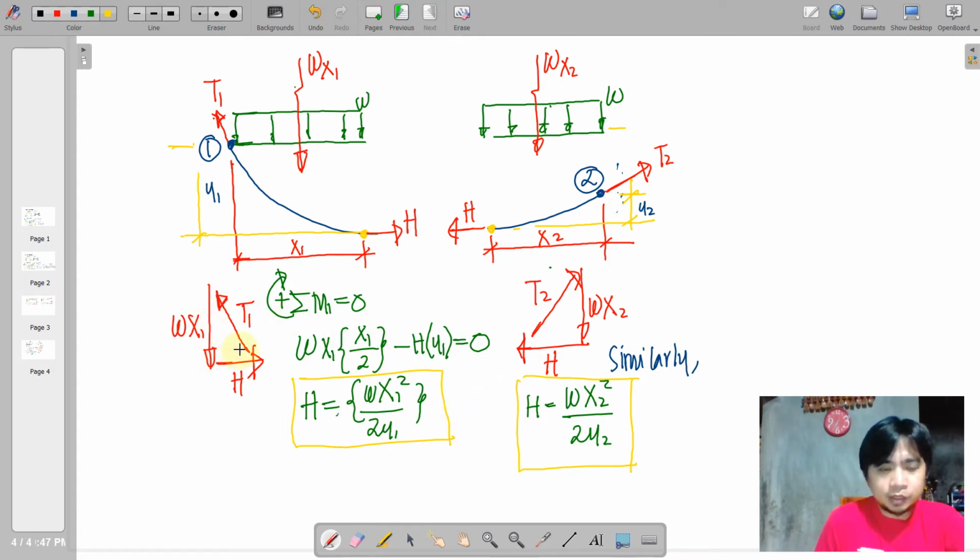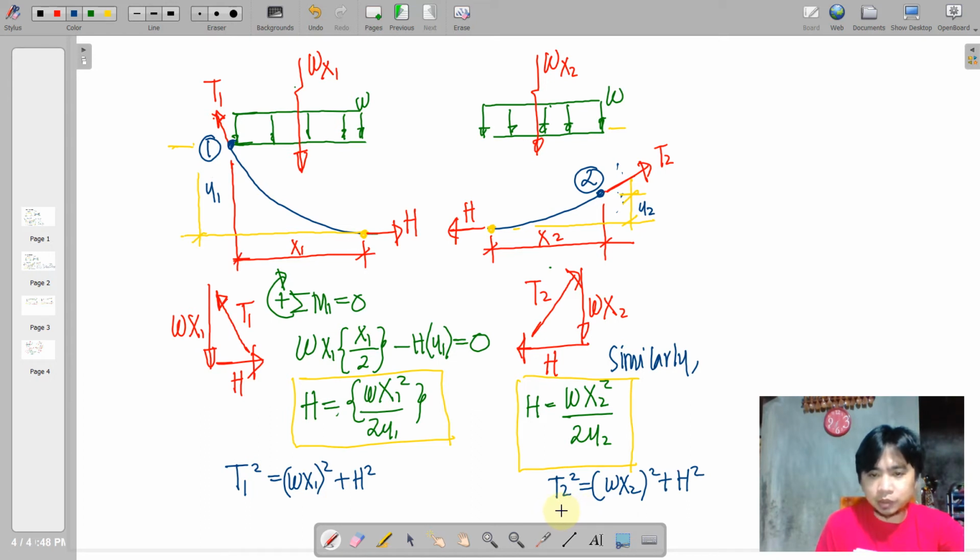And then from these right triangles established on both sides, we just have to apply the Pythagorean theorem, wherein we write T1 squared is equal to the quantity Wx1 squared plus H squared. And this shall also apply to the right portion of the cable. So these are the basic relationships that we need to know about these forces T1, H, and Wx1.